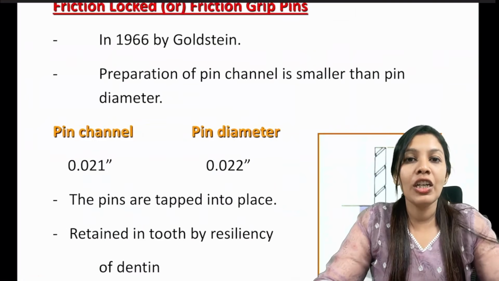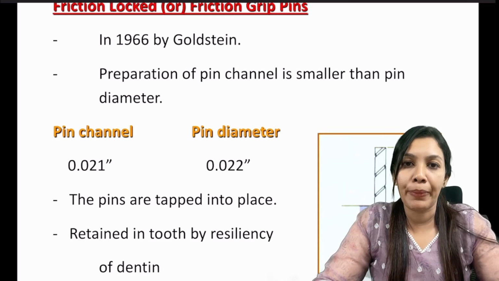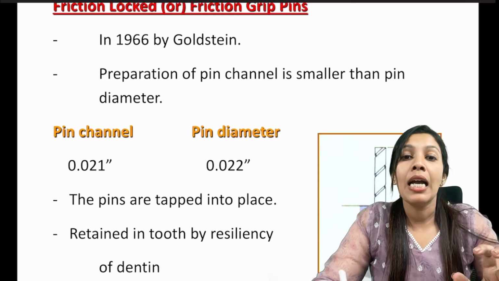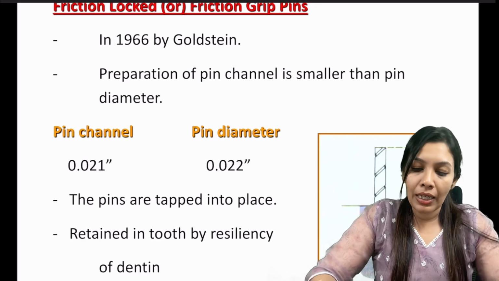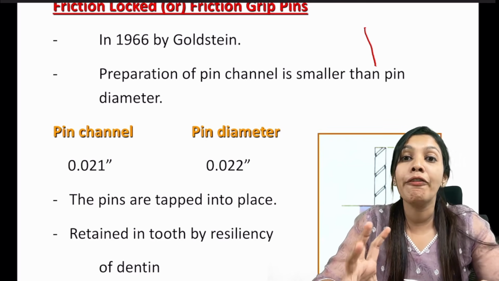Next is the friction lock or friction grip pins. It was found by Goldstein. As the name suggests, the pin is retained by the friction lock.